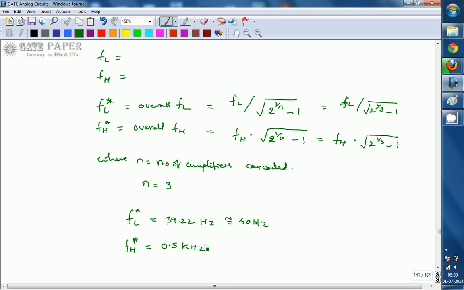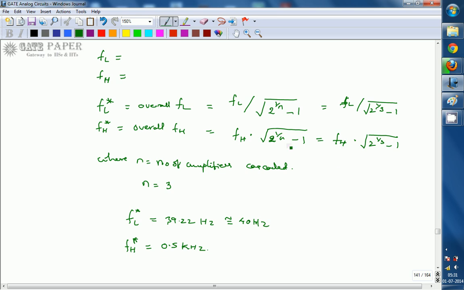These are the formulas related to the cascading of amplifiers. The lower cutoff frequency increases and the upper cutoff frequency decreases. Remember that the term square root of 2 power 1 by n minus 1 is always less than 1, so it appears in the denominator for the lower cutoff frequency, and the lower cutoff frequency increases. In case of the upper cutoff frequency, this term appears in the numerator, and since its value is less than 1, the overall upper cutoff frequency gets reduced.